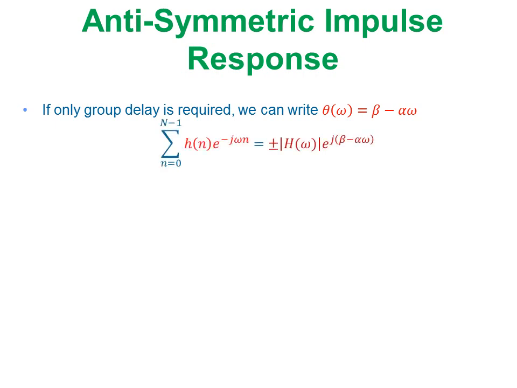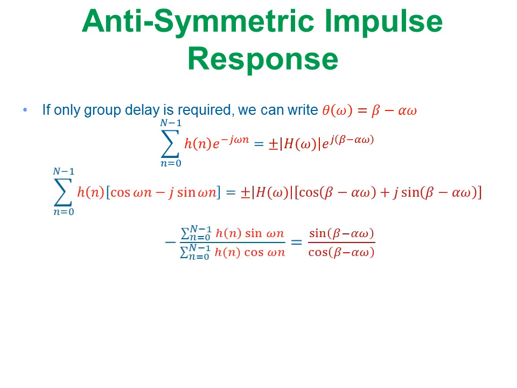If this is the case, one can write the Fourier transform, summation n from 0 to capital N minus 1 h of n into e raised to minus j omega n, which is equal to plus minus mod of H of omega into e raised to j theta of omega, but theta of omega is replaced by beta minus alpha omega.